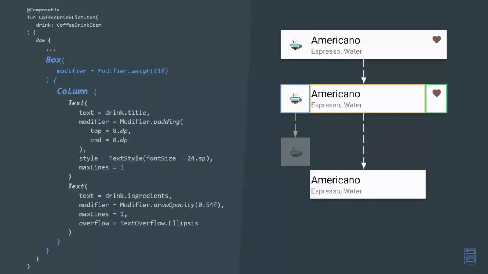A very important and very powerful note here is that we can use the modifier draw opacity for the ingredients list. Because when we talk about theming, we should provide different colors for different themes. Of course, in both of these cases we can use black color, but for ingredients we use black color plus opacity, and it doesn't look like a pure black color.